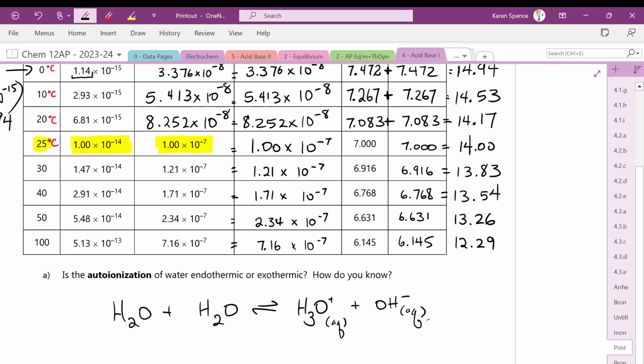Are we going this way, are we using the water, or are we making separate waters? Yeah, if we're going this way, are we using the water, or are we making it?